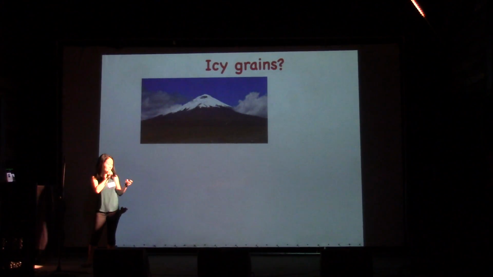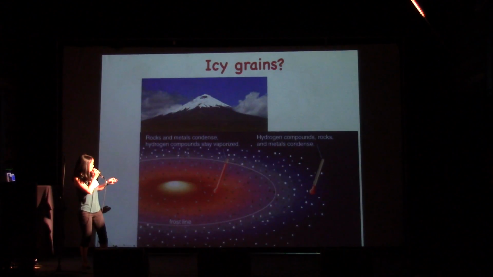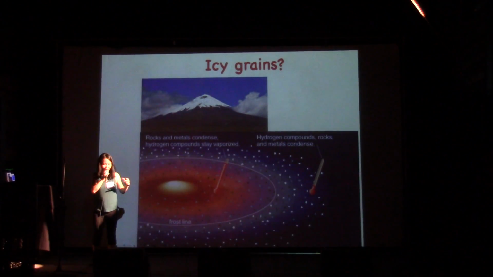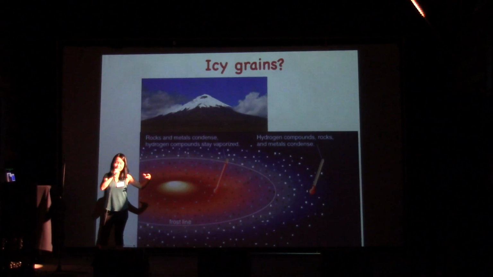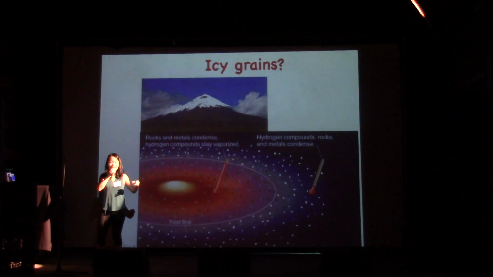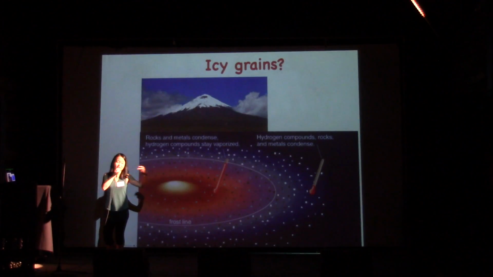Now we have sticky grains. So what happens is, if 2 rocks that are covered with ice hit each other, that's more like 2 snowballs colliding. When they collide, the ice on the surface will melt a little bit, and that gets sticky. So it's much easier to glue 2 rocks together that way. So rocks could potentially grow larger in size into boulders.